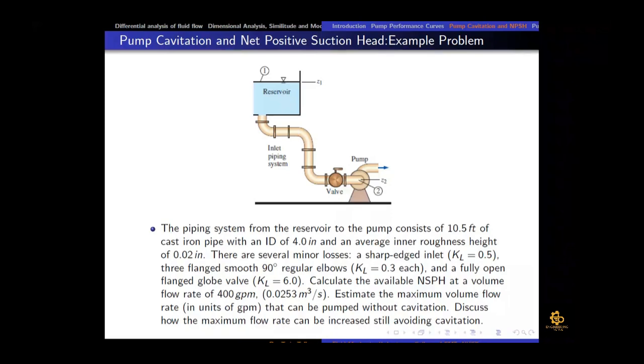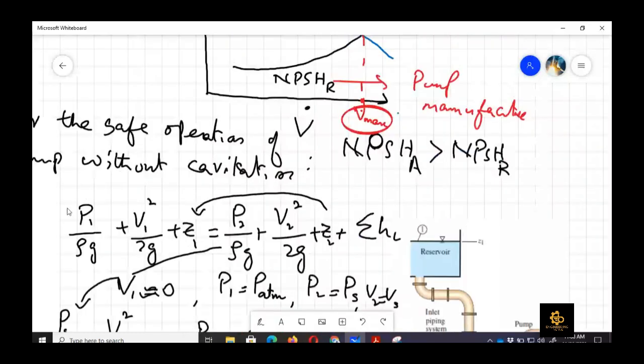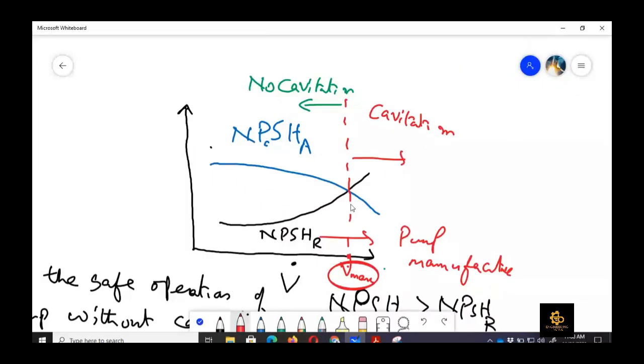So first of all we need to know the NPSH required curve, because if I take back here, at this point, we need to have this curve, which is the NPSH required curve, which would be provided by the pump manufacturer. And then we need to determine NPSH available at different volume flow rates, so that we can construct this curve, right?